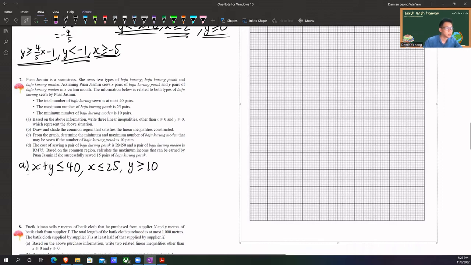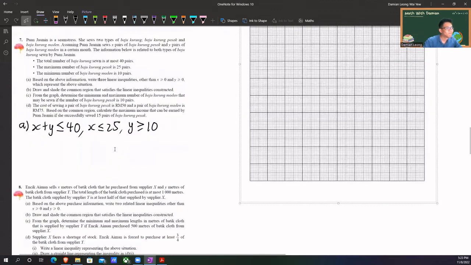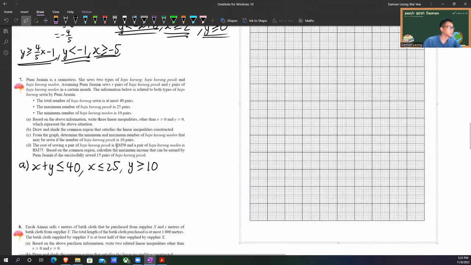But yeah, try to fit everything as best as you can, since it's not given the scale, then you can technically use anything lah.